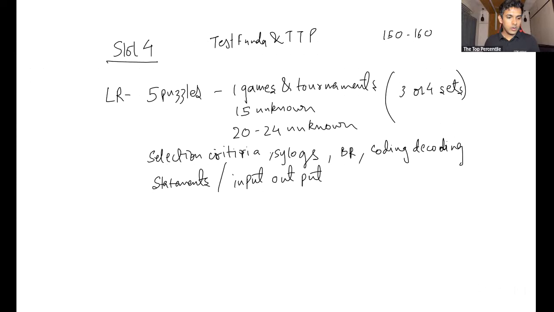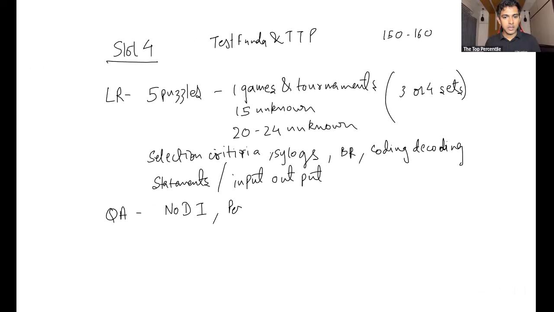Coming to quants, there were no DI firstly. Okay, go to quants. No DI, that was the only surprise. And if there weren't any DI, what type of questions were there?